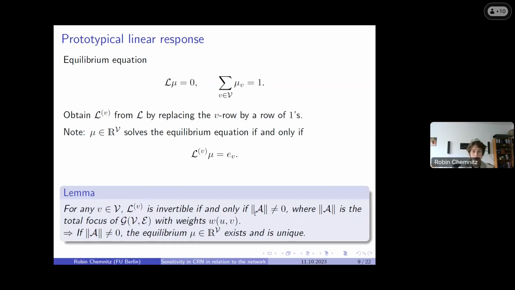If this total focus is not zero, then this L_V is invertible for any vertex. And in particular, if that's the case, then this equilibrium exists and it is unique. So as long as we don't make our graphs too crazy, as long as we don't make them degenerate, we can still define this, what I now call the generalized Laplacian L, and find an equilibrium, and this equilibrium will be unique.